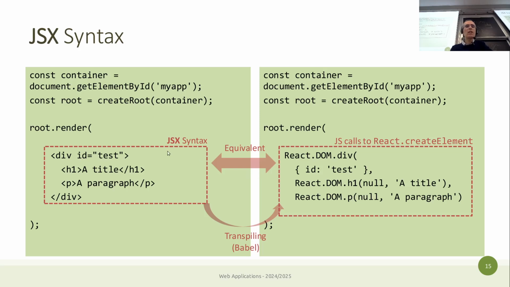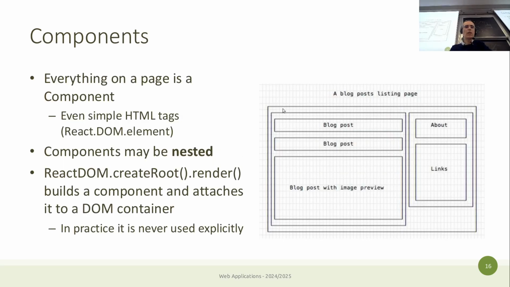Okay, we just have to follow this JSX syntax, but that can be directly written inside the JavaScript code. Because actually this file, before being interpreted by JavaScript, will be translated by a program that is provided together with React. Okay, we will have to pay attention just to a few things that are listed in the following.